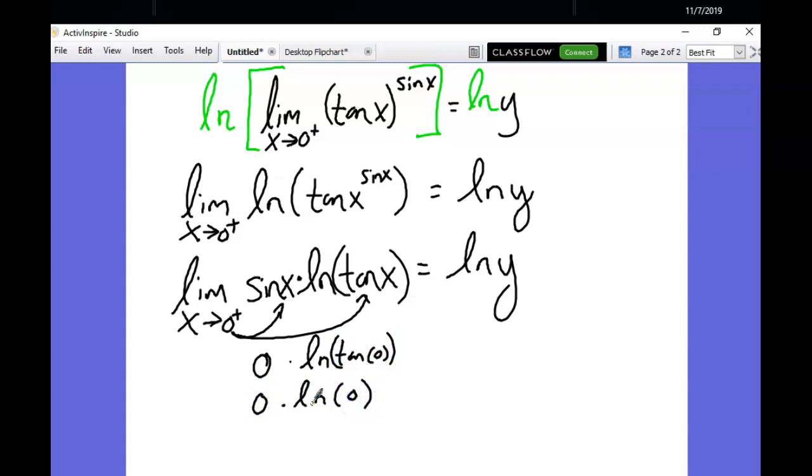And ln of 0, if you remember from lesson 3.12, is negative infinity. And that's an indeterminate form.